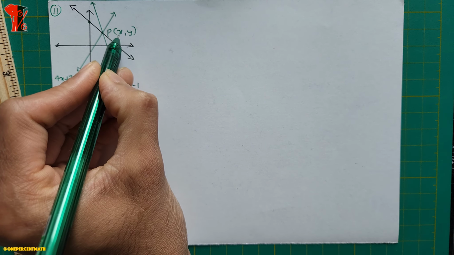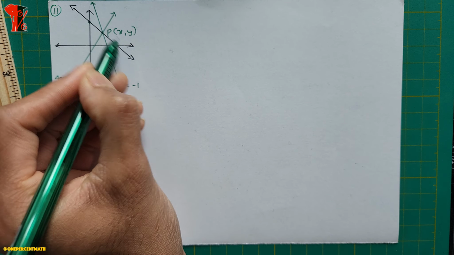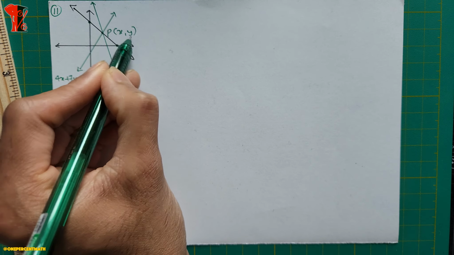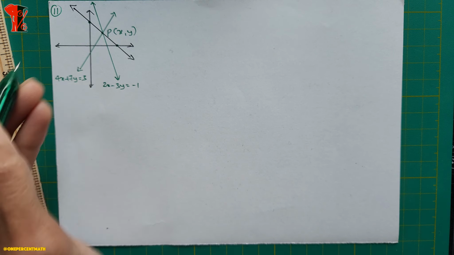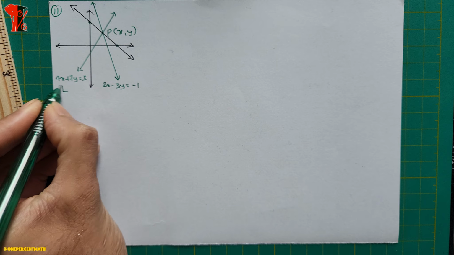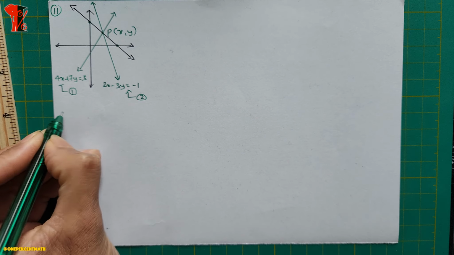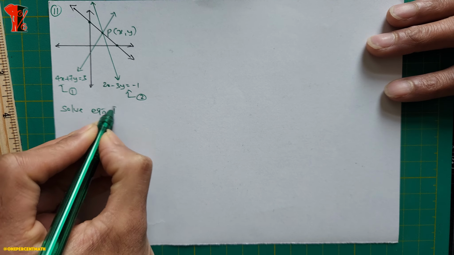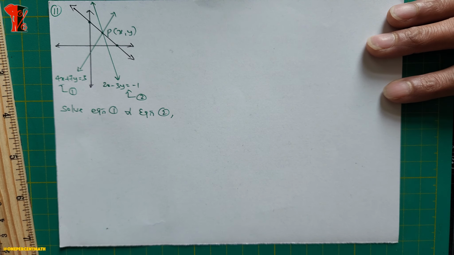So we can use the intercept form because we know the point and we know the relation between the intercepts. Since we know the point, we are going to solve these two equations and get the point, okay? Let us mark this equation as equation 1 and this as equation 2. So we are going to solve equation 1 and equation 2 by the elimination method, okay?